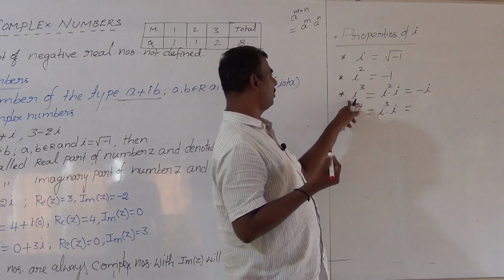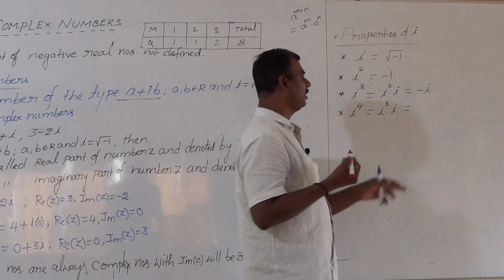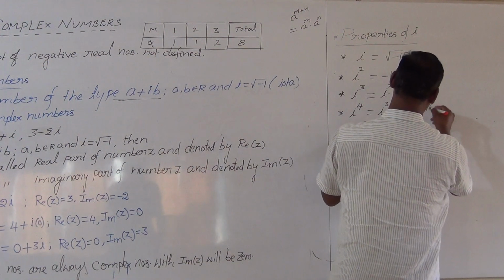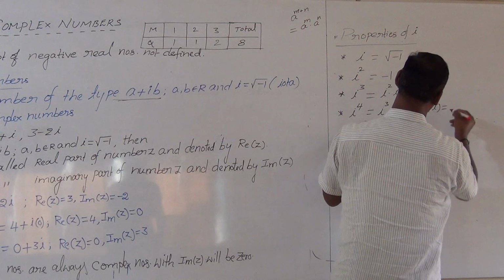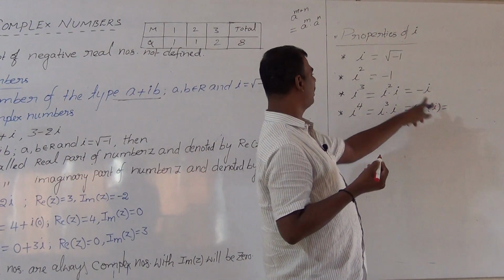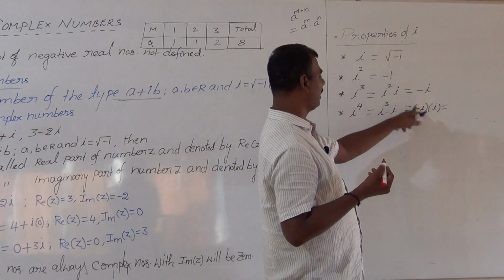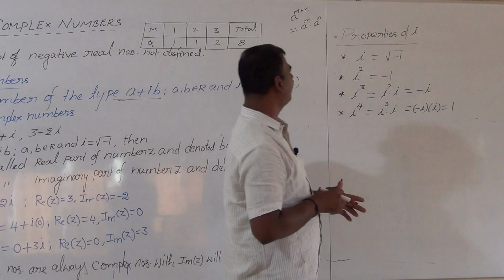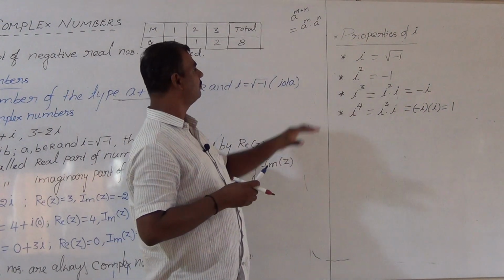I raised to 3, do we know that? Yes, it is minus iota. Minus iota into iota is minus iota square. What is iota square? Minus 1. Minus into minus, plus 1. So these are the properties of iota.